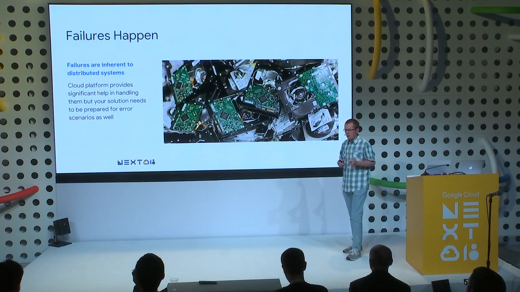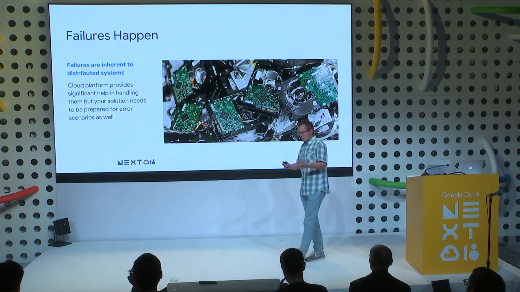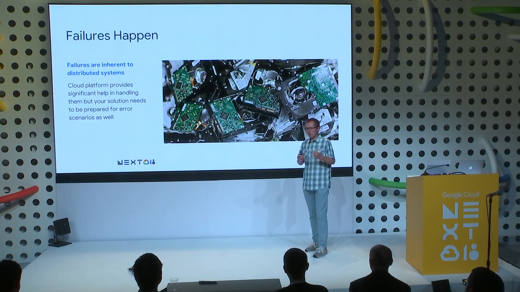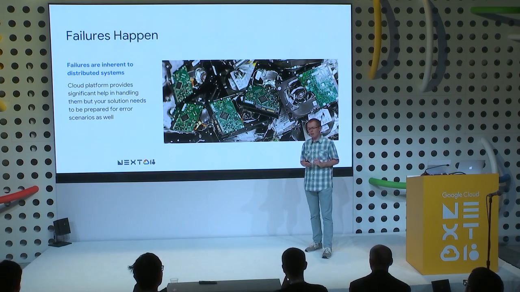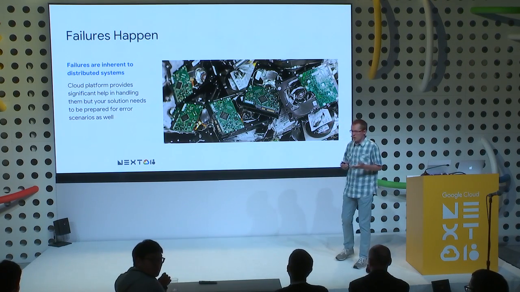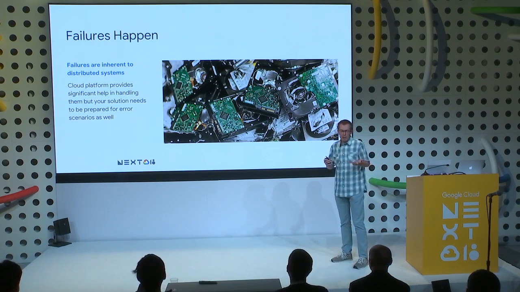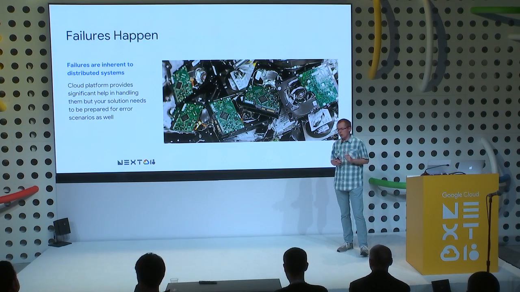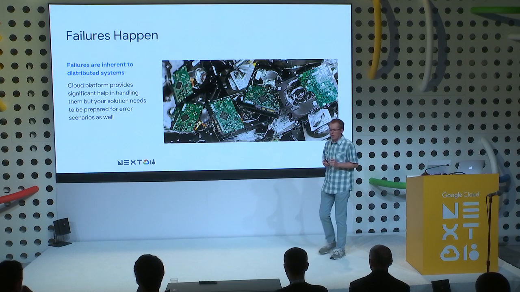The only way we can handle them is to make sure that we handle the errors gracefully. And Cloud Platform actually provides significant help in handling such errors. It is actually one of the big benefits of using cloud and serverless solutions. However, your software still needs to be prepared for error scenarios.